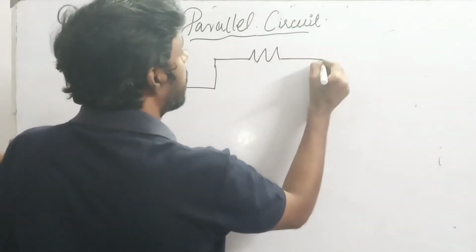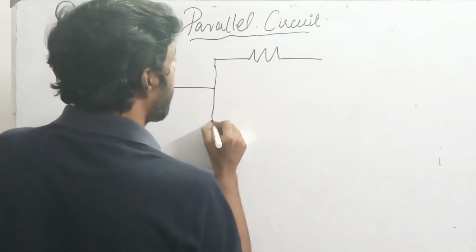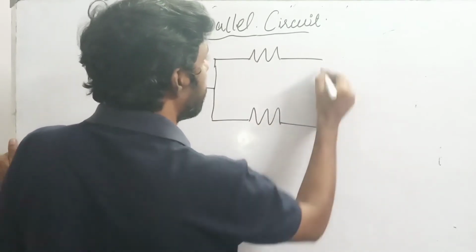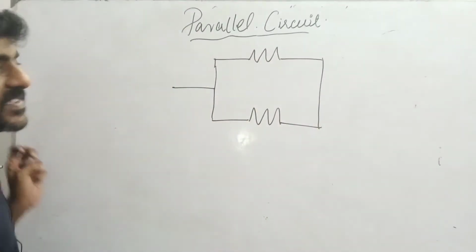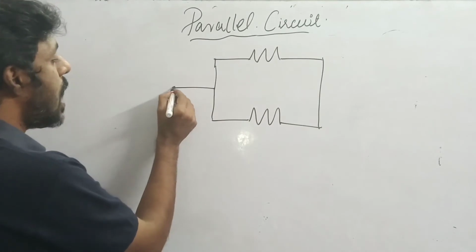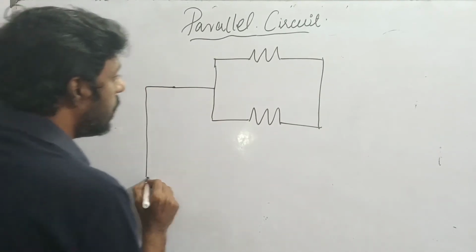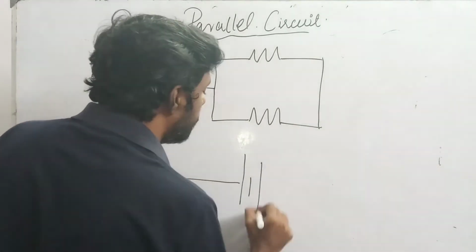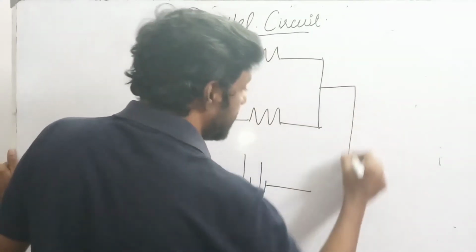Let us see how I'm drawing this circuit. I am connecting a resistor. This is how I connect a resistor in a parallel circuit, and I connect a battery like this.